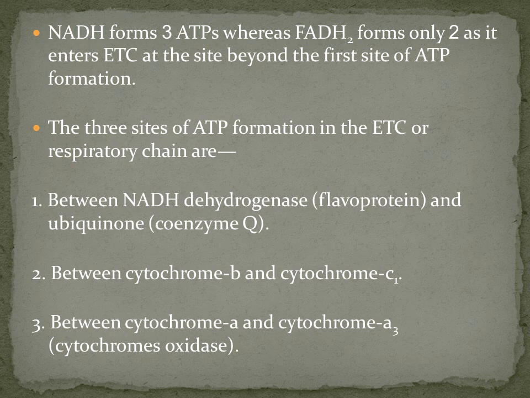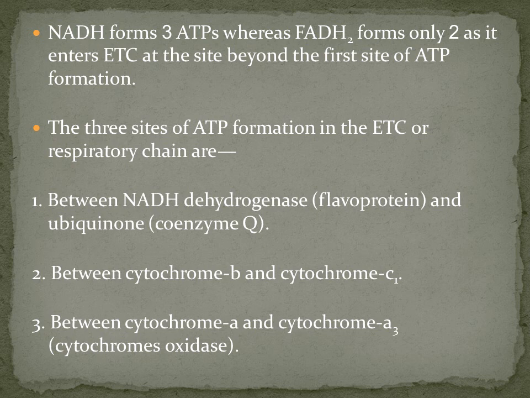So this slide is the main slide for you for the examination. What are the questions here? The first question will be, how many ATPs are formed when NADH is oxidized in the electron transport chain? Options: A is 1, B is 2, C is 3, D is 4. Answer is C, 3.